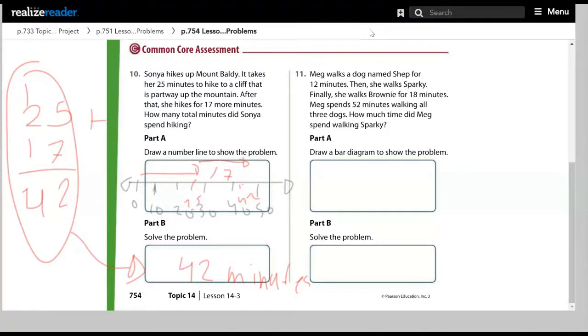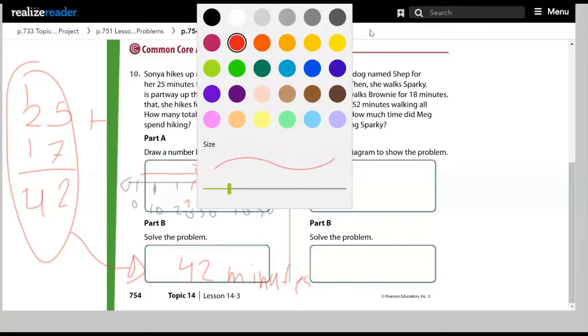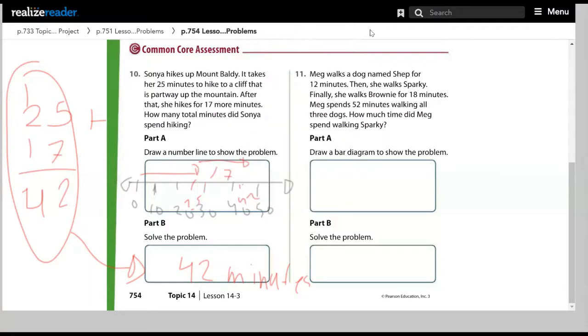So what the problem is about is that she walks 3 dogs. Each one has a certain time of minutes. So first of all, let's draw a bar diagram using blue color. So here it shows the total time for all. It said Meg spends 52 minutes walking all 3 dogs.